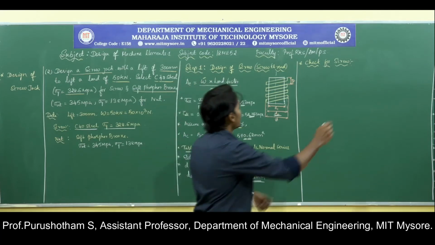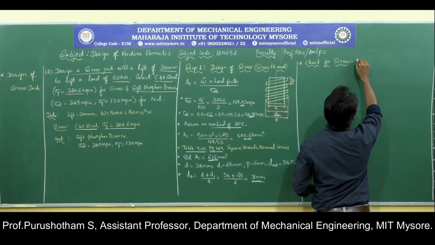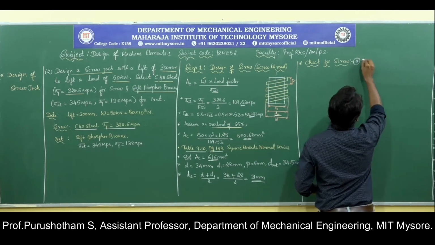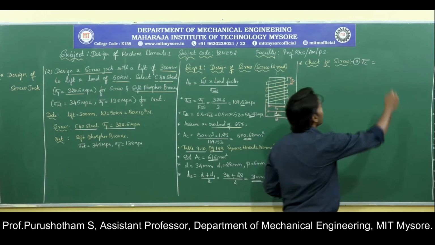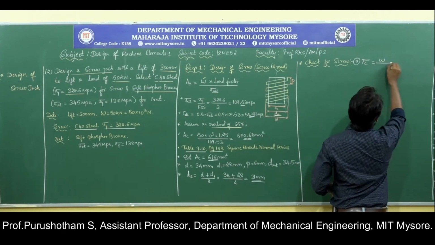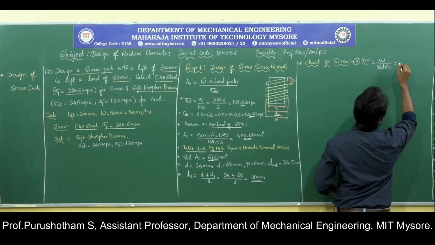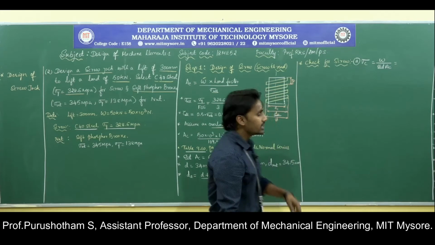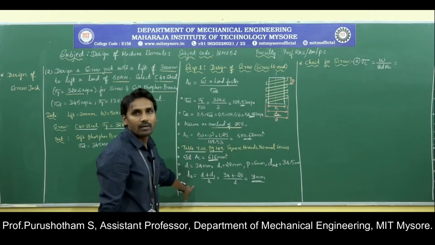So for this, I am checking the screw. The induced compressive stress, sigma c, is given by load by standard core area. We need to consider the standard core area, because based on this standard core area only we got these parameters.